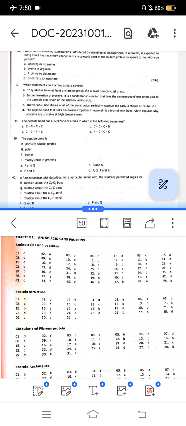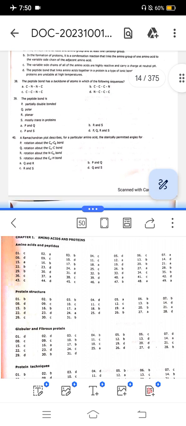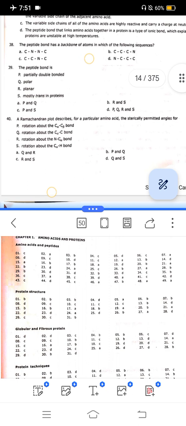Then a Ramachandran plot, once again I'm going to read that. A peptide bond is partially double bonded, polar, planar, mostly trans in proteins. And a Ramachandran plot describes for a particular amino acid the sterically permitted angles for rotation about phi and psi.